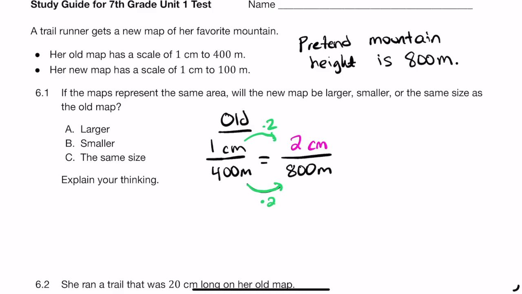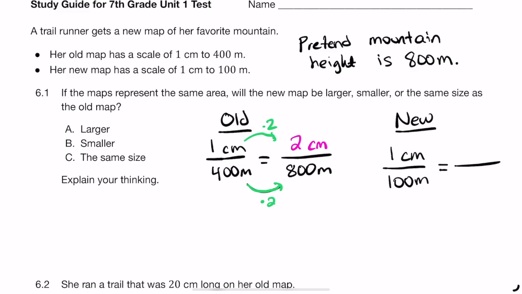Okay, now let's check what happens if we have the new map. So in the new map, 1 centimeter is worth 100 meters. Our mountain is still 800 meters tall. So then we'd say, okay, how do I get from 100 to 800? I'm going to multiply by 8.